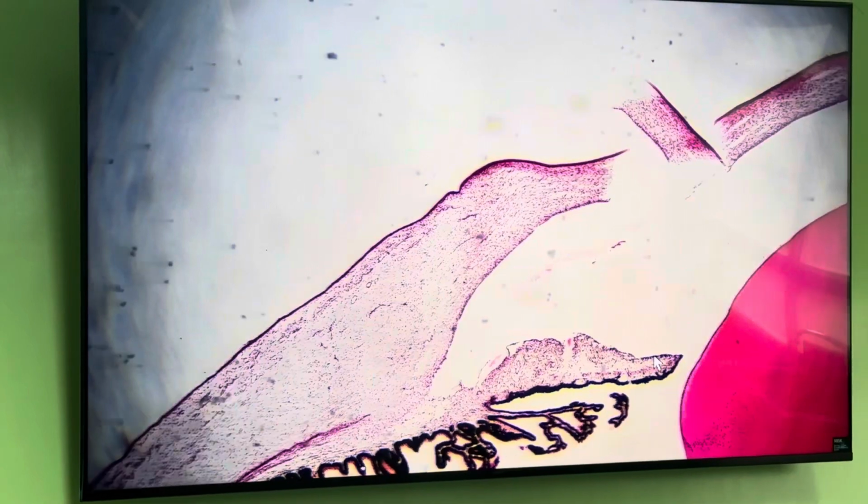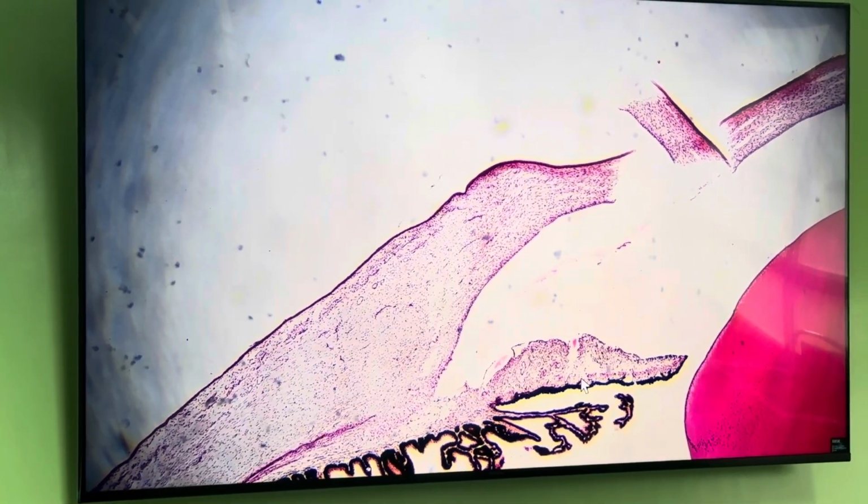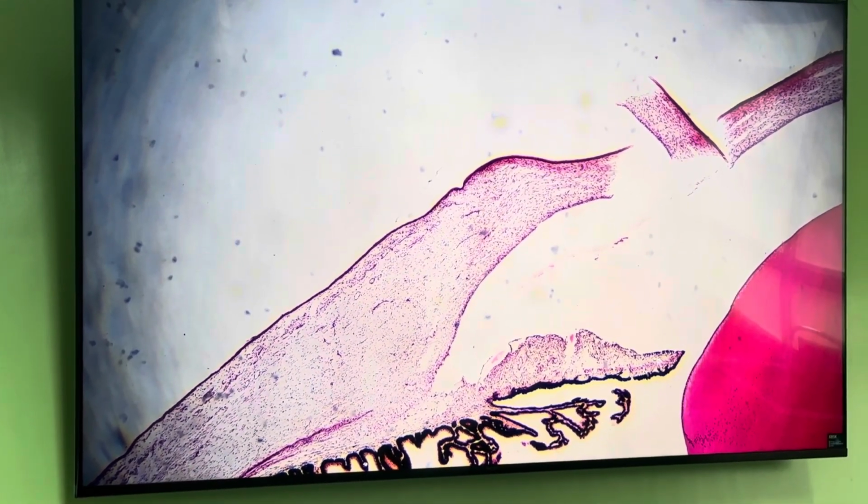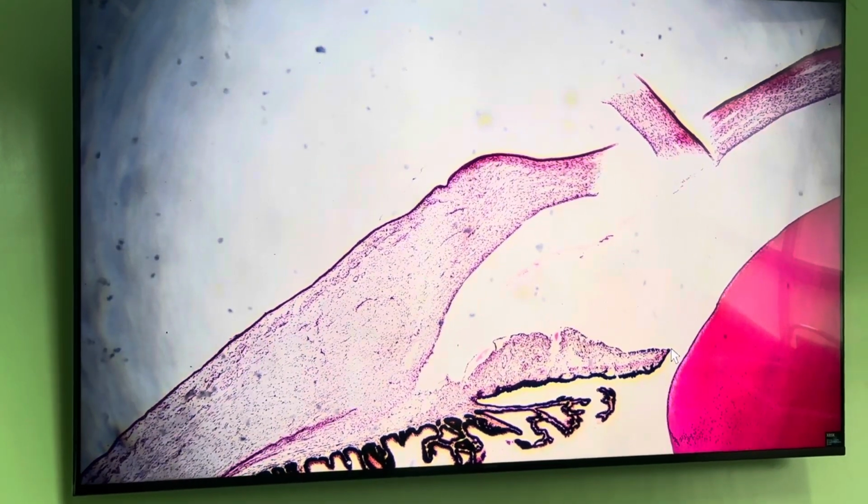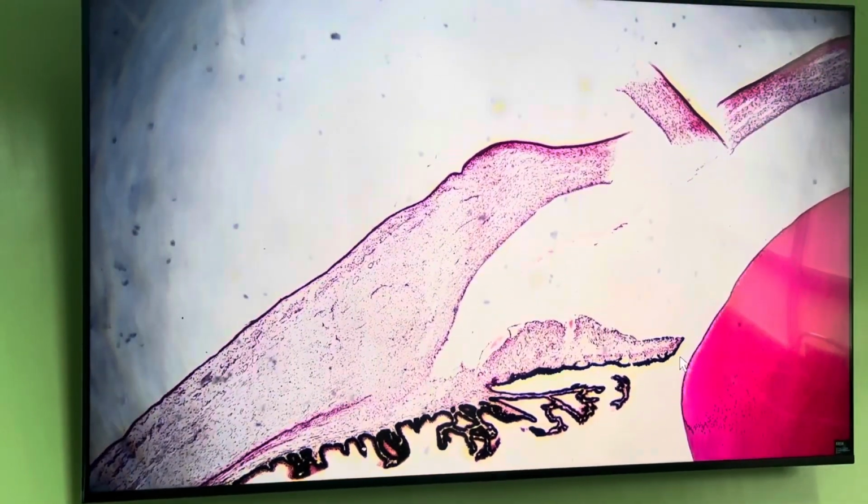The iris would support the pupil. As you can see, there are some changes in the appearance of the lens.